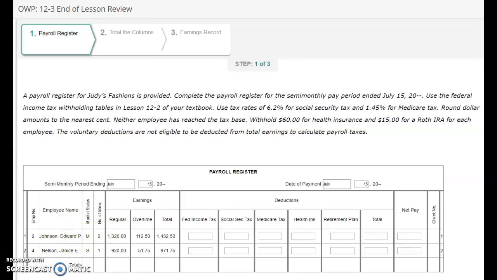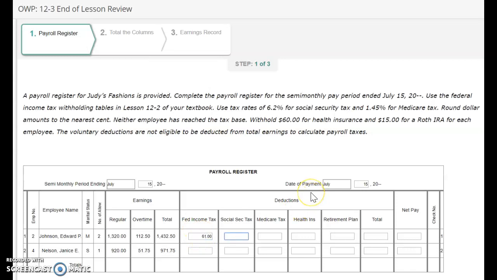So from the charts that you have before, we'll look up for a married person with 2 allowances, and the amount here, I'm looking on a different screen, but the amount here from 1432 is at least 1420 and less than 1440. 2 allowances gives me $61 for federal income tax.